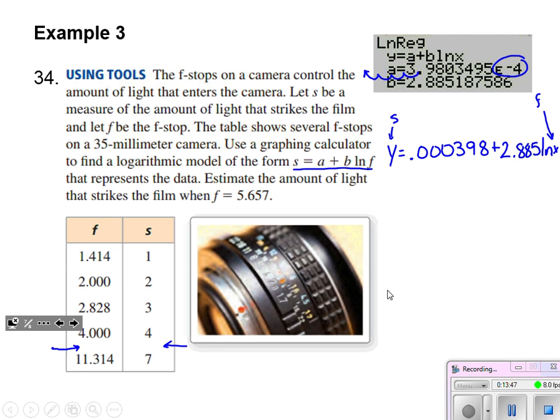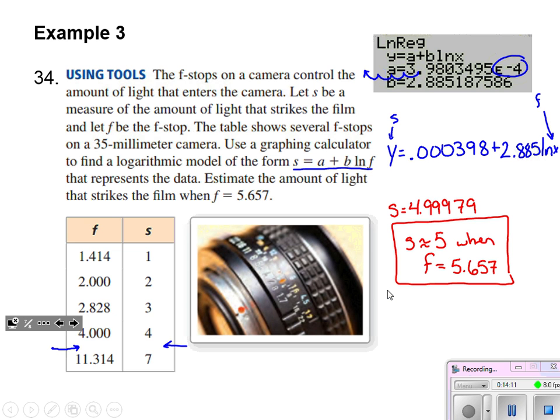And the answer I get is S equals 4.99979. So we could say S is approximately 5 when F is 5.657.